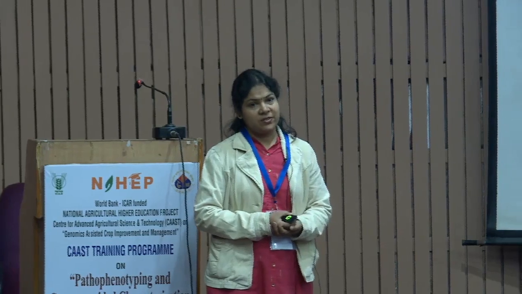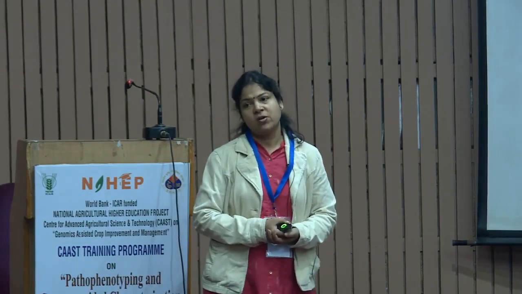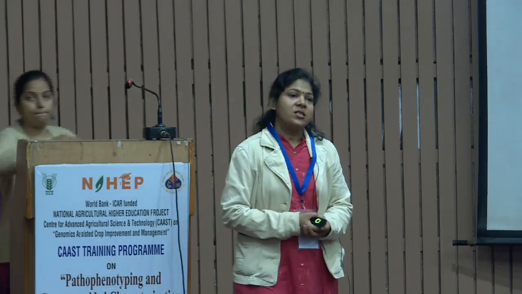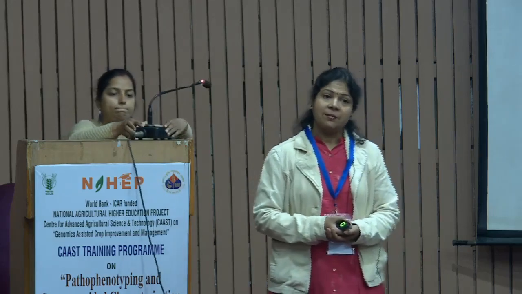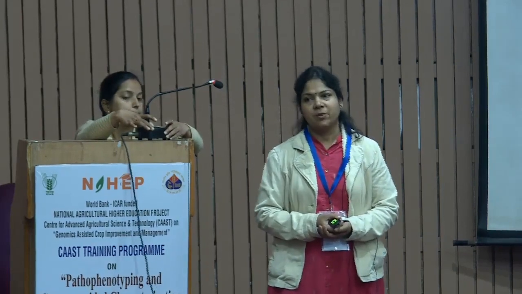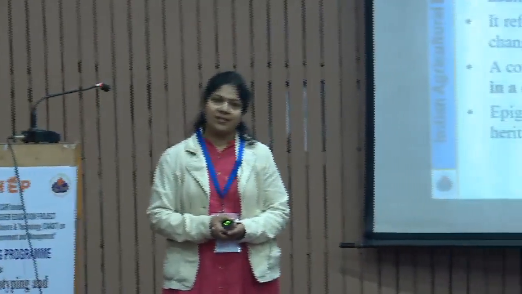The nucleotide sequence of DNA determines the activities of a cell or the phenotype of an organism. But in the 1940s, it was found that something else is also determining the phenotype of an organism. That was above the genetics.